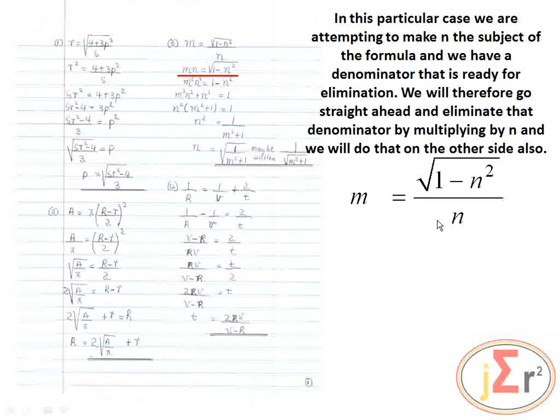In the case that we can eliminate a denominator immediately when we are transposing a formula, that is always a very good move to make. And I am not saying that it is the very best move. It is a very good move, not necessarily the best.